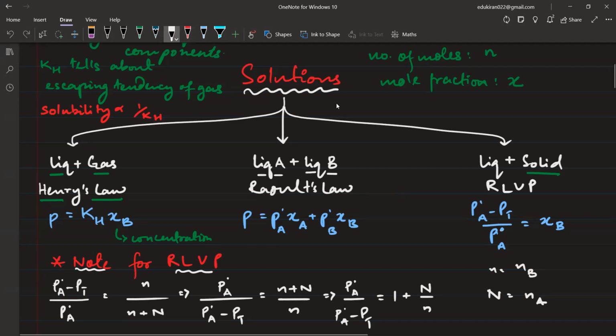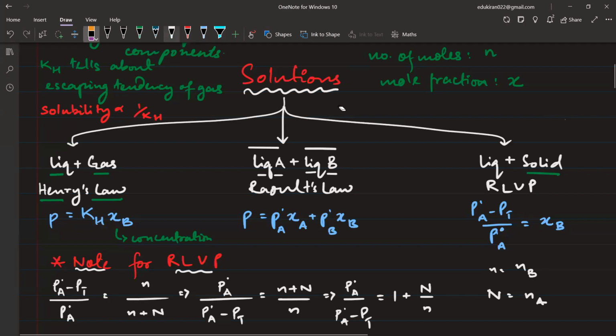Now, what does Raoult's law say? Raoult's law says that the partial pressure, the pressure that we will be experiencing above the solution, will be due to liquid A and liquid B. Whenever we make a solution, some of the particles are always escaping out, and some of the particles from the vapor state are coming and getting inside the solution.